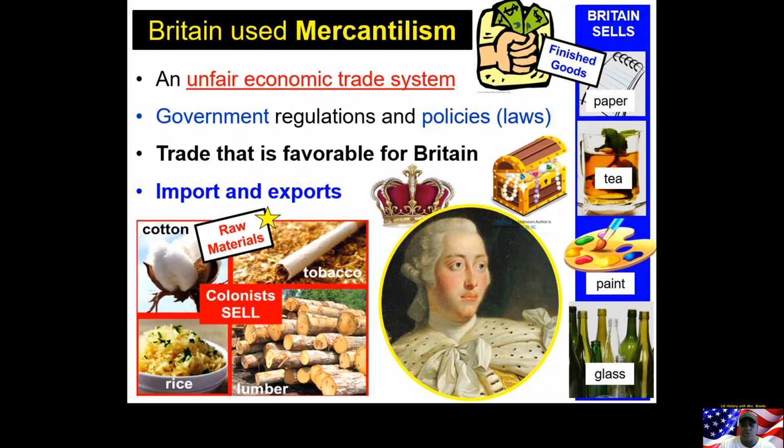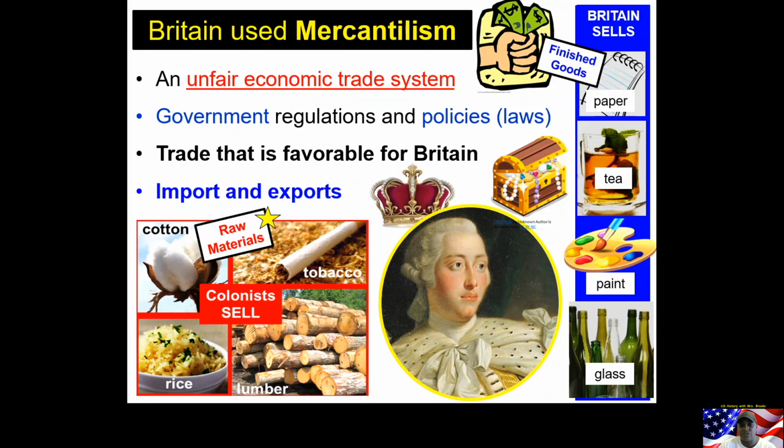Now, this trade system kind of works like this. The colonists have raw materials like cotton, tobacco, lumber, and rice, and they are sold to England, but the king wants a discount. He wants the price to be very low. Give him a deal, have him save some money. Okay, but the colonists have to buy what are called finished goods from England.